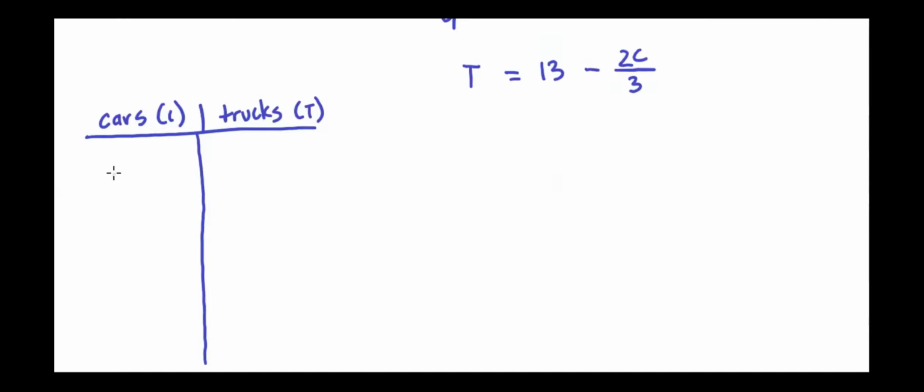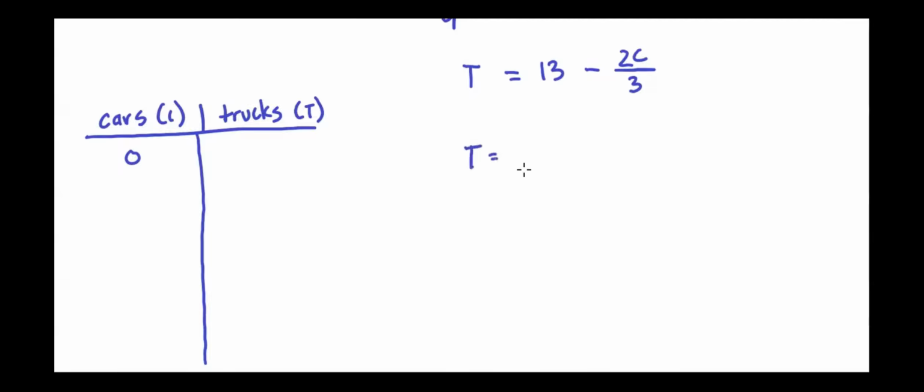As far as cars on the road, obviously you can't have a negative number of cars. That makes no sense. And you can't have any decimals for cars either. So I'm just going to use whole numbers, starting with 0. I could have 0 cars on the road. Let's plug 0 in for C and see what we get.